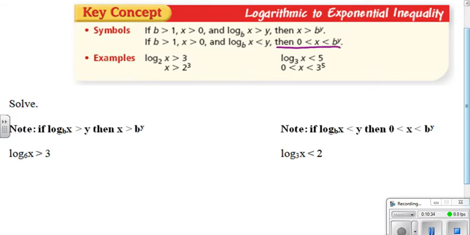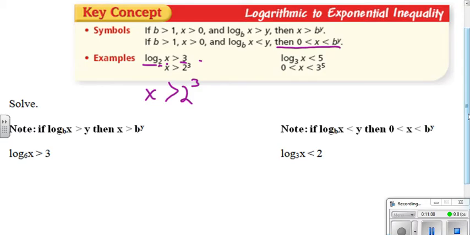So for example, we have log base 2 of x is greater than 3. Essentially, we're taking this log base 2, moving it over to this side, and saying x is greater than 2 to the power of 3.